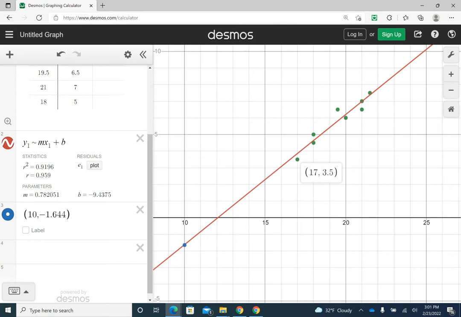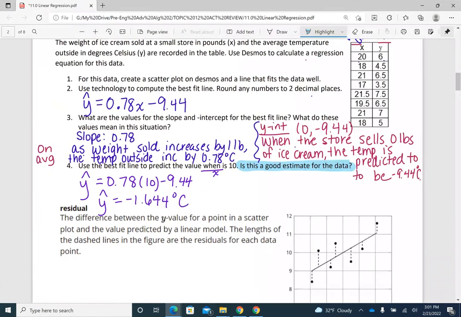So the answer to that question, is it a good estimate for the data? We're going to say no. That causes us to extrapolate values.